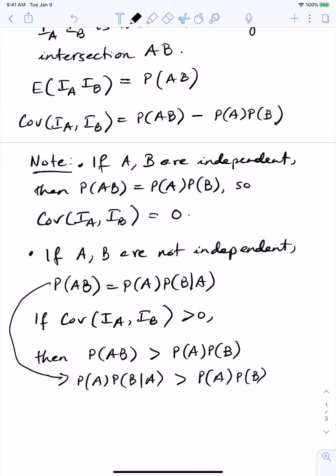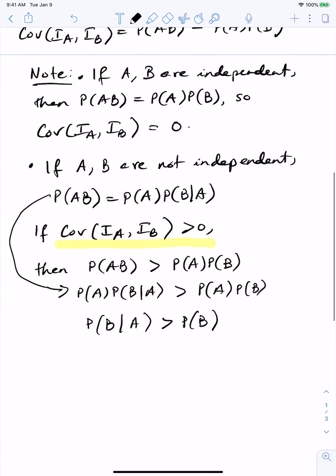And the conclusion from that is that if the covariance of two indicators is positive, then the chance of one of the events given the other is bigger than the unconditional chance. So if the covariance is positive, then my telling you that A has happened increases what you think is the probability of B. And so given that A has happened, B is more likely to occur than it was without that information.